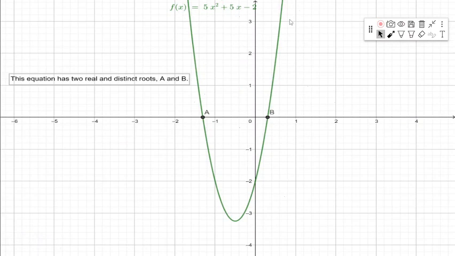It's just showing you that the roots are where the graph intersects the x-axis. So you can see it intersects the x-axis at 2 points here, A and B, and they're two real and distinct roots, like it says here. And it's the same equation that you guys just worked out.